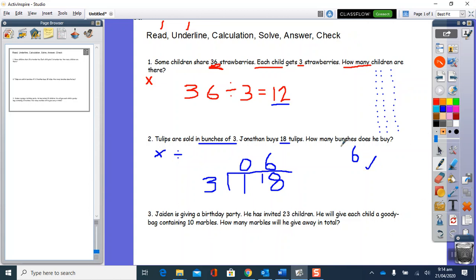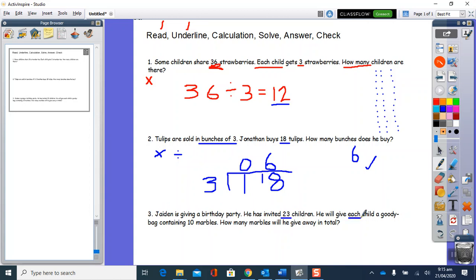And we've got this last one at the bottom here. Jaden is giving a birthday party. He has invited 23 children. He will give each child a goodie bag containing 10 marbles. How many marbles will he give away in total? Okay, so I know that he's having a birthday party. That's not particularly important for this. He's invited 23 children.